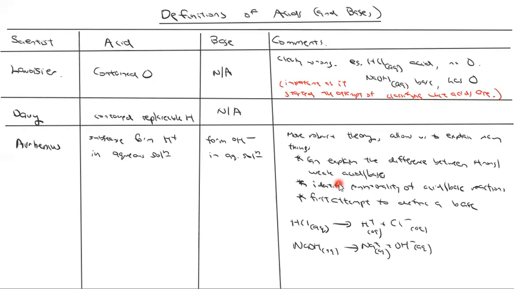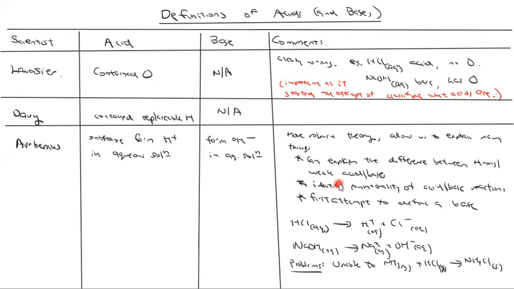But there are a few problems with Arrhenius. One of the most critical, probably, is that it is unable to consider NH3 gas plus HCl gas becoming NH4Cl solid.